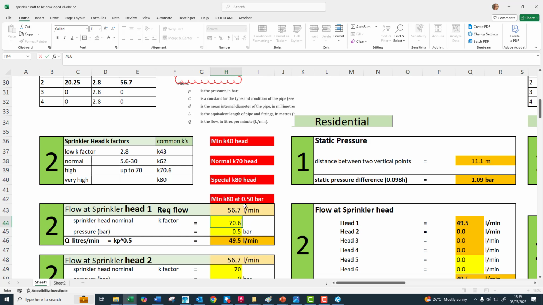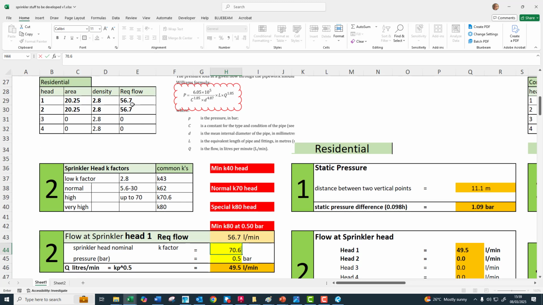But it's not experiencing 1 bar, it's experiencing half a bar, and it will discharge 49.5 litres, which isn't enough. We need 56.7.